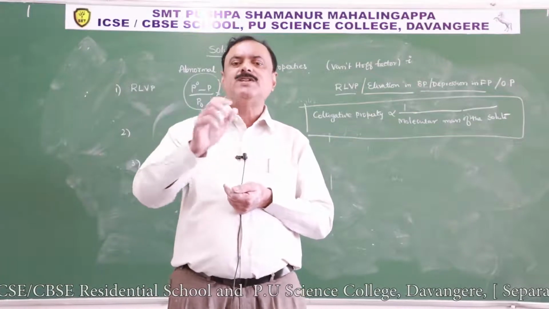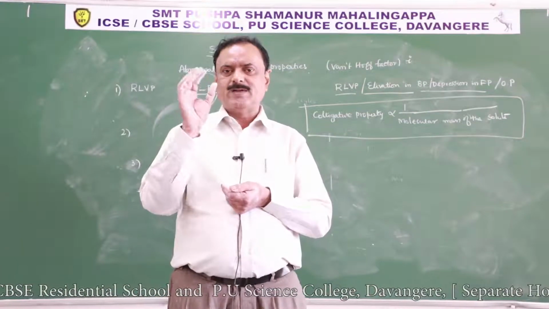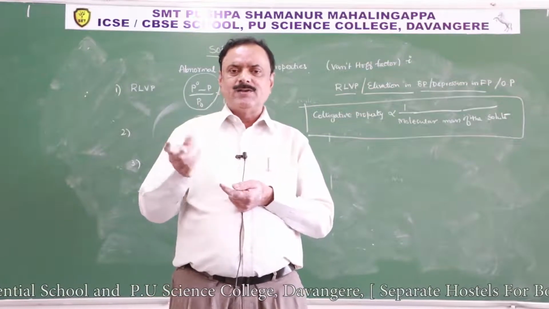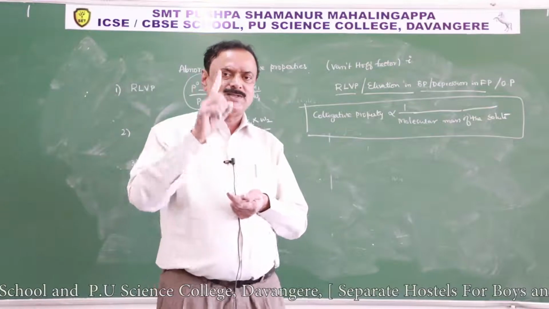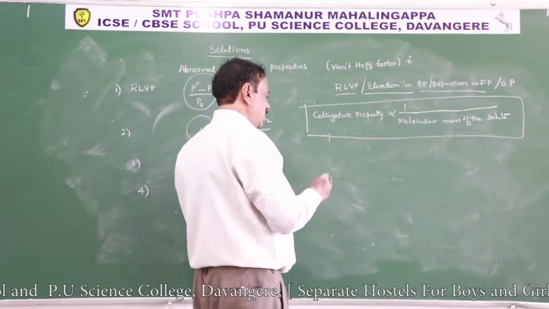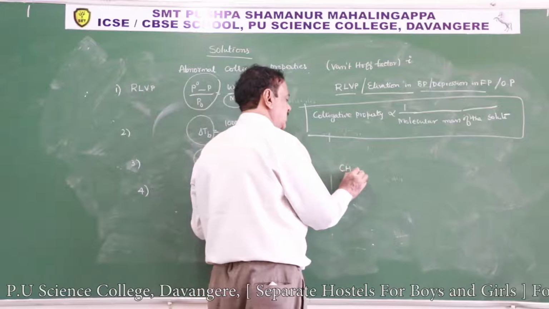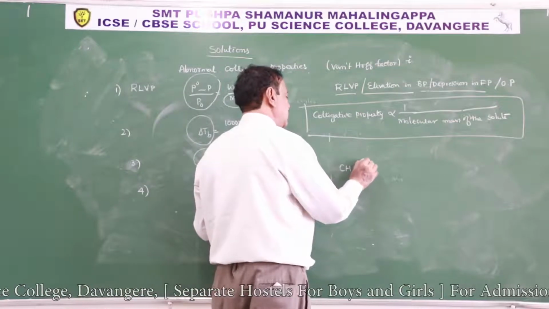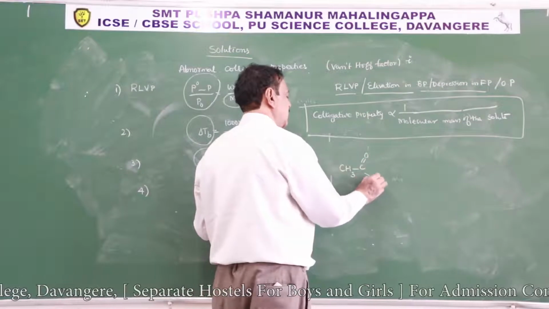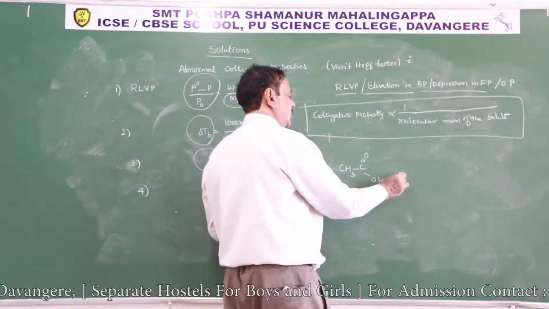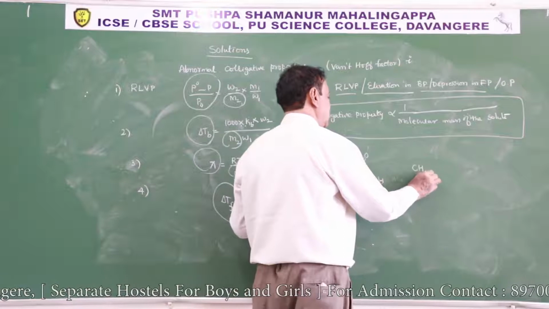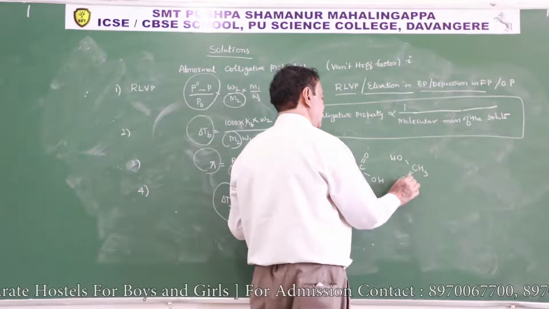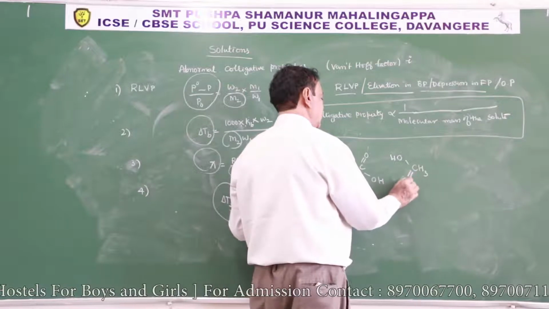That is due to the formation of hydrogen bonding. Therefore, if acetic acid is considered, two molecules of acetic acid give rise to one dimer. CH3COOH, where there is OH and double bond O, that is the carboxylic acid group.